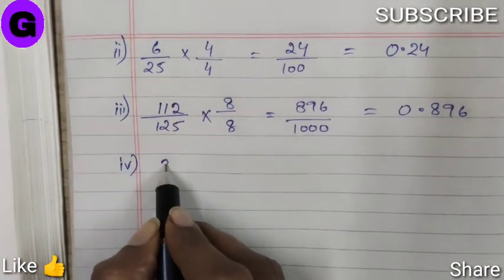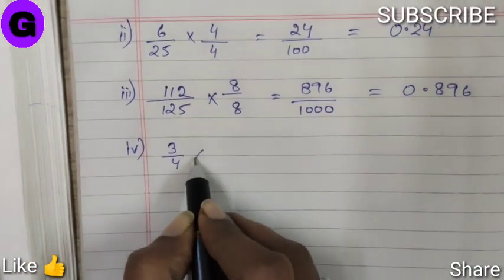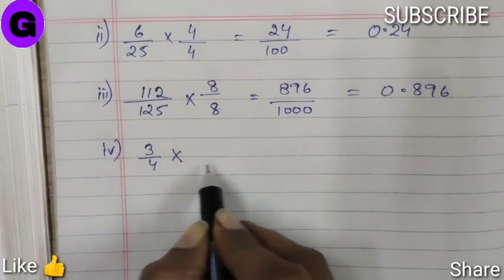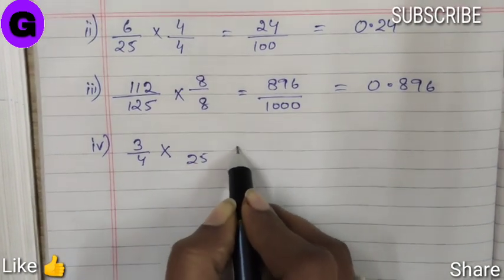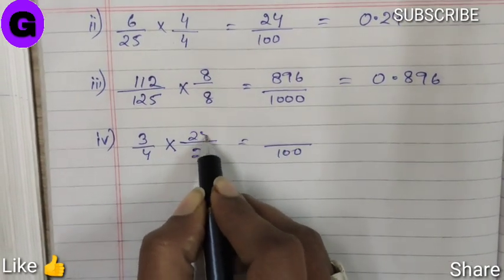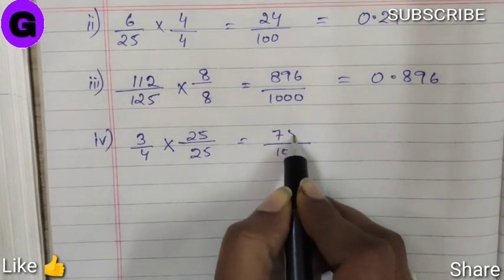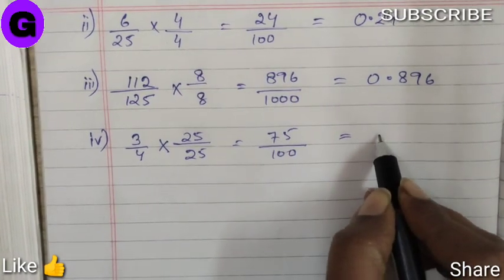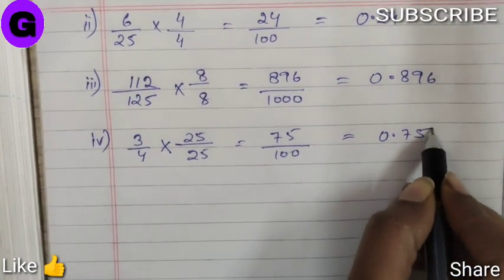Number 4. 3 by 4. This can be multiplied. 4 into 25 gives us 100. Similarly, 3 into 25 gives us 75. So, 0.75 is the answer.